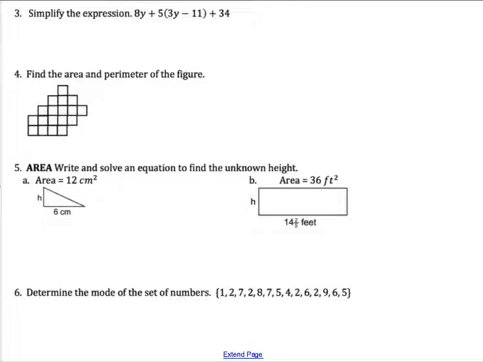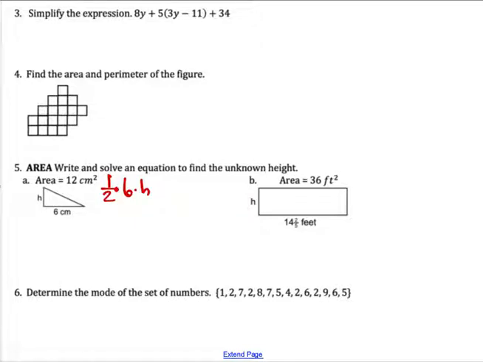write and solve an equation to find the unknown height. The area of the triangle is 12 square centimeters. The height is unknown. The base is 6. Well, let's go ahead and set this one up and solve it. The area of a triangle is 1/2 base times height.